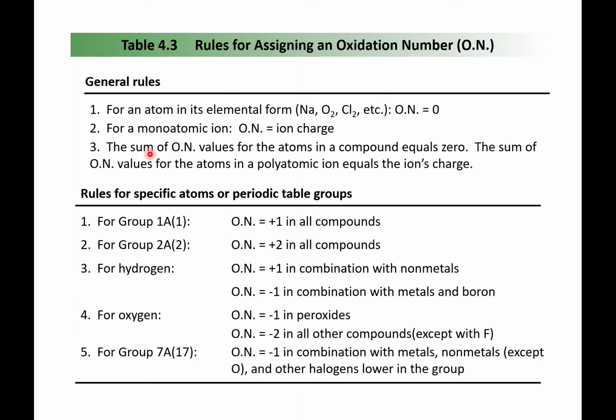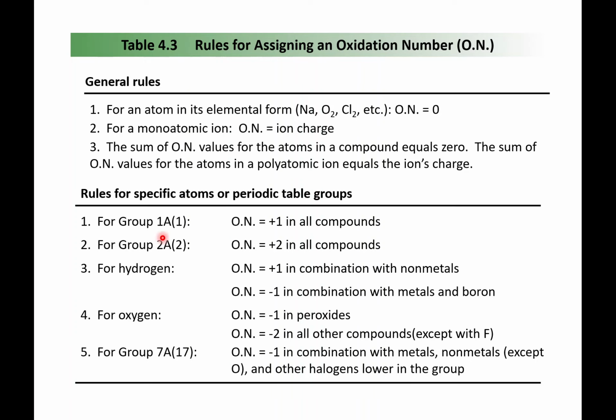And finally, the sum of oxidation numbers for all the atoms in a compound equals 0. The sum of the oxidation number values for atoms in a polyatomic ion, so a molecule that has a charge, has to equal the ion's charge. So those are the general rules.